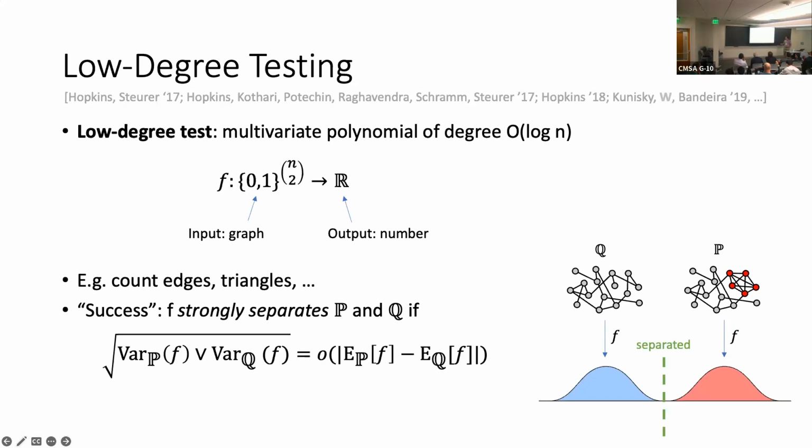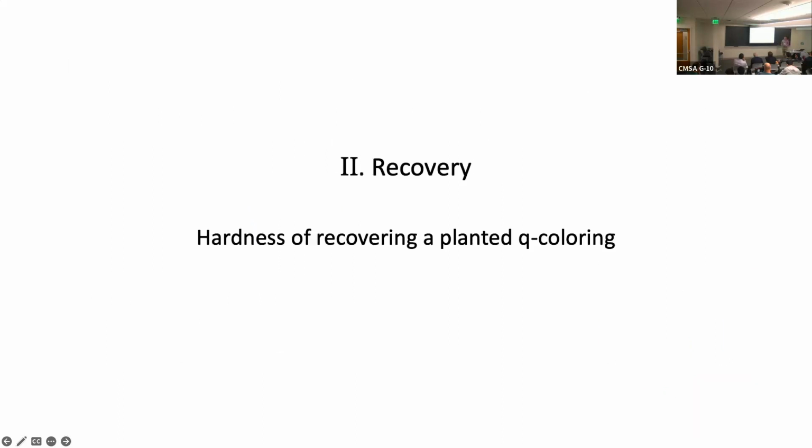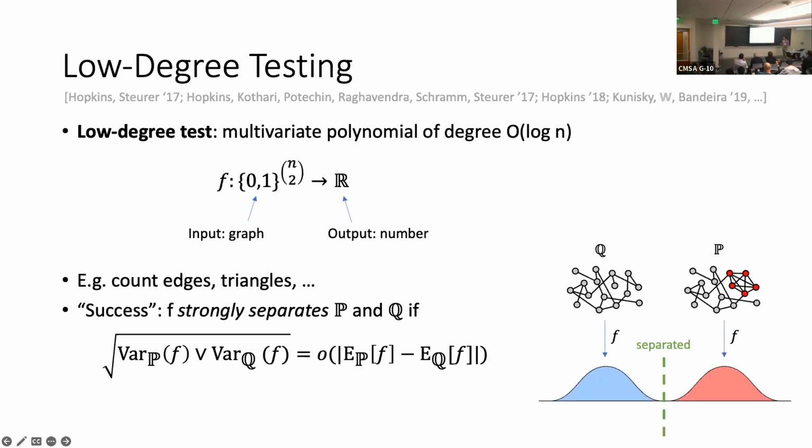And okay, this maybe seems like kind of a restricted class of algorithms, but there's been a lot of work on this now, and these tests actually are surprisingly powerful in the sense that for all these problems of this flavor, things like planted clique or sparse PCA or random constraint satisfaction problems and a bunch of other problems of this kind of flavor, low degree tests are actually the best thing we know.